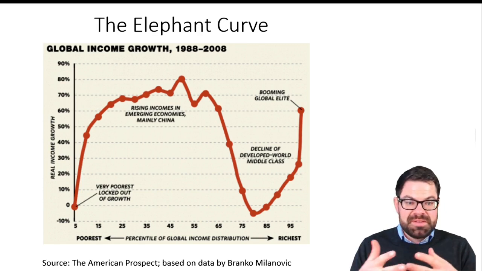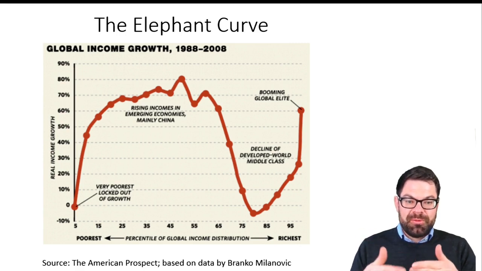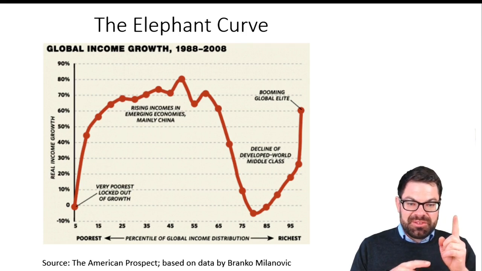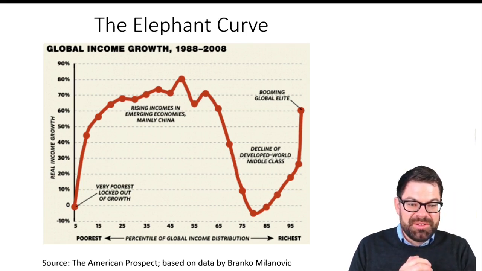So China opened itself up to world markets, and also allowed a more free market economy in certain places, and that unleashed huge growth potential. But the interesting bit comes now at the top, where we have the trunk of the elephant.